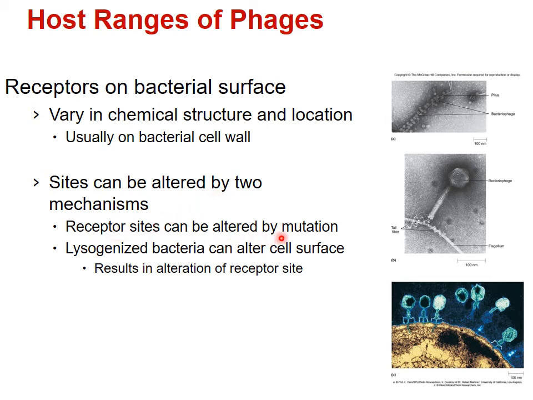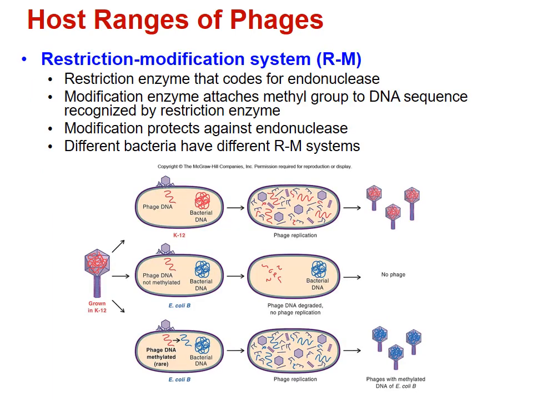They can simply be mutated in the genome, and then they look different, and the bacteriophage can no longer recognize them, so they can't infect that cell. And also when bacteriophages like lambda lysogenize, when they integrate into the bacterial chromosome, they could alter the receptors and how other bacteriophage interact with the surface of the cell.